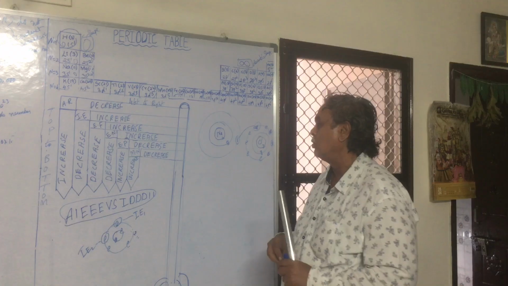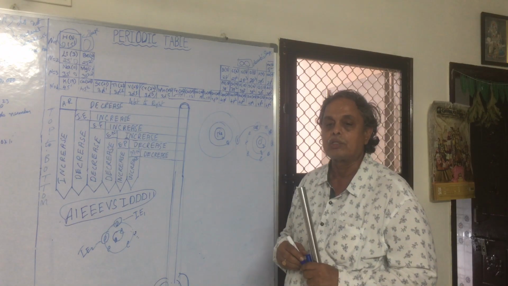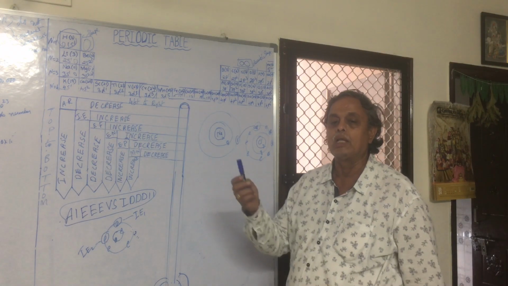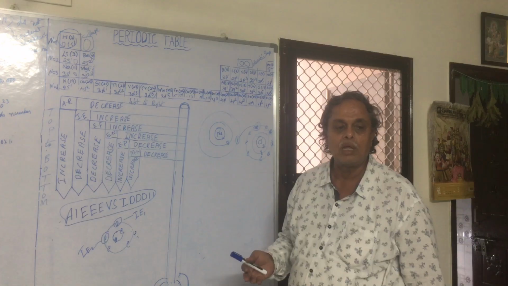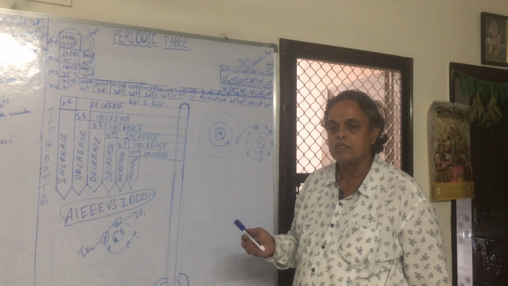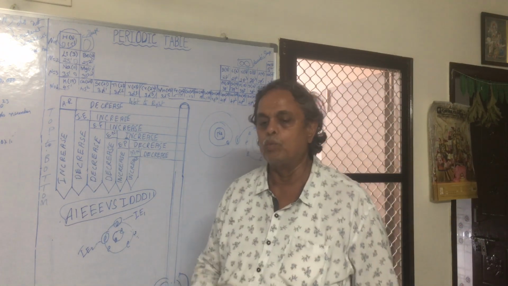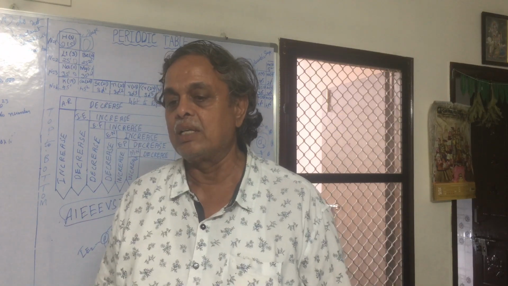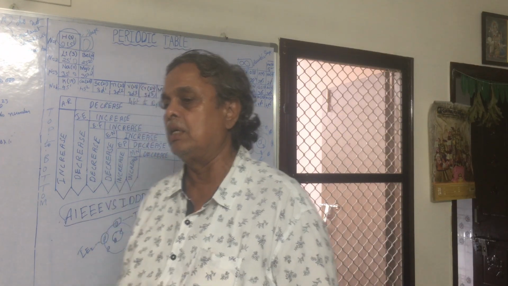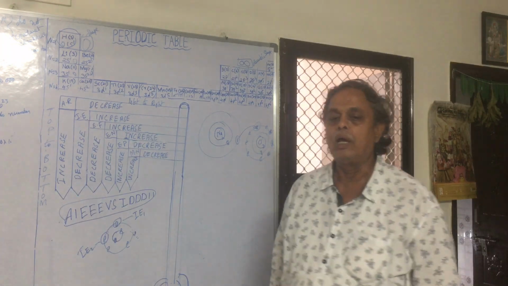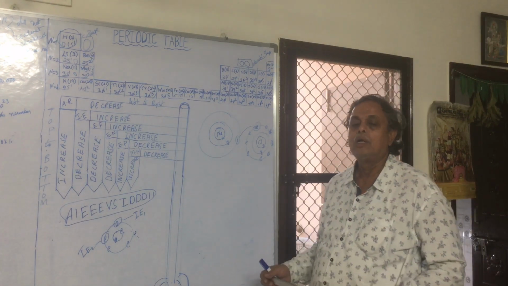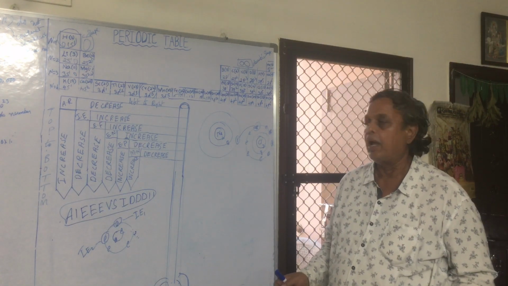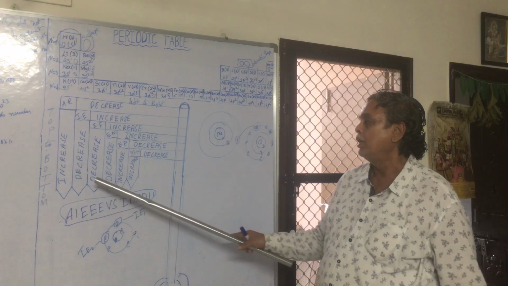Next, what is the importance? The more the radius, the lesser the ionization energy. The more the atomic radius, the lesser the ionization energy. That's why top to bottom, ionization energy, what happened? Decreases.